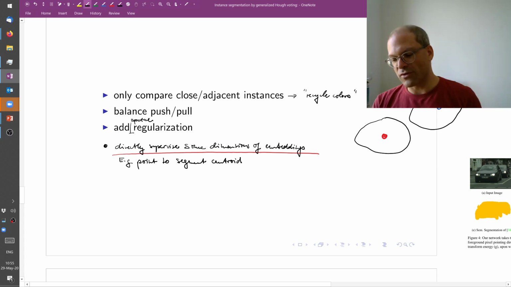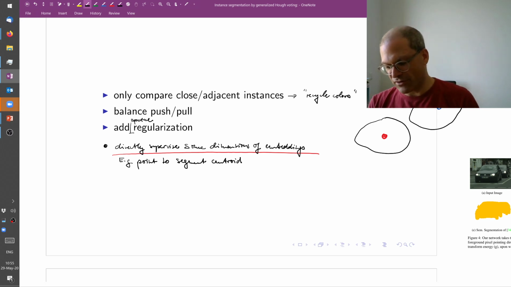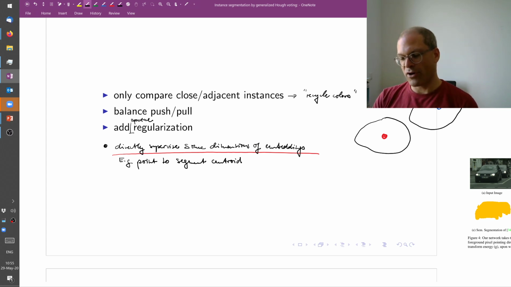So you could use the associative loss, as just described, on 14 dimensions, but 2 dimensions you could use to try and directly point to the center of that instance. So that would add some amount of geometric supervision here.